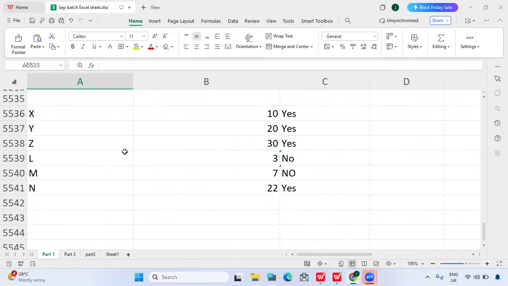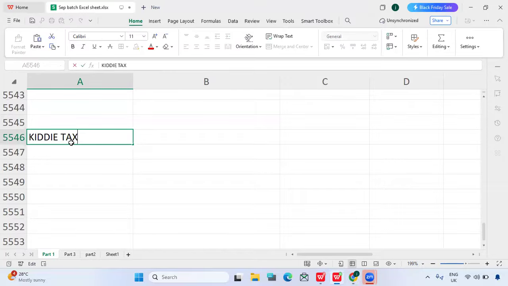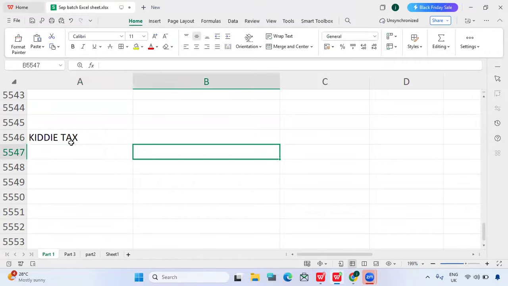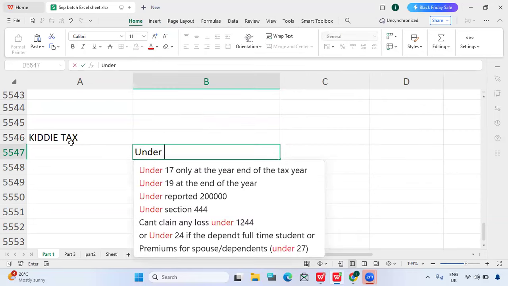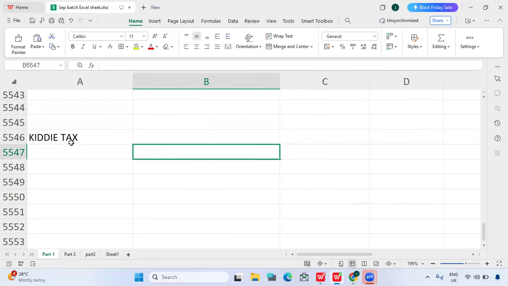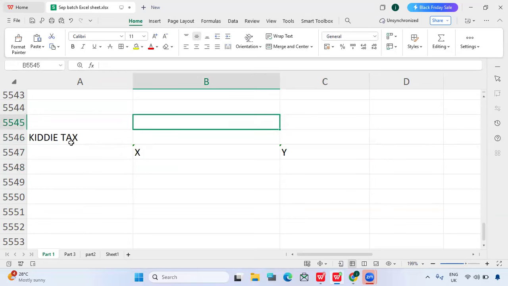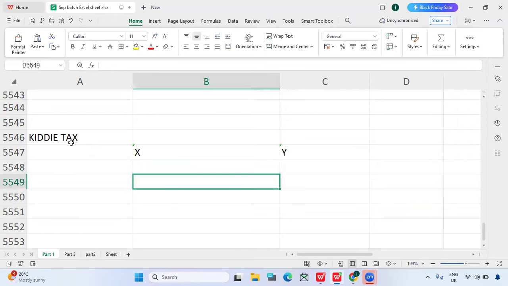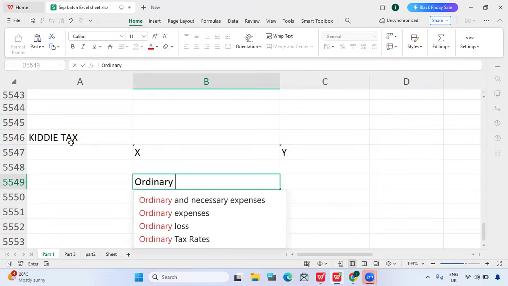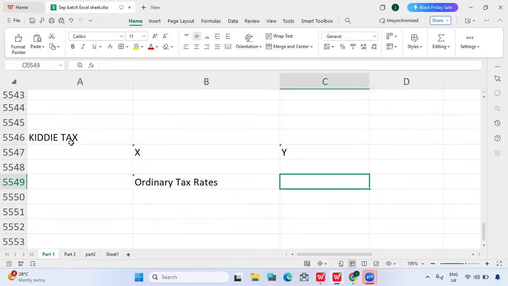Yes, right. Okay, and next one, kiddie tax. This is an area the IRS loves to test, kiddie tax. When will kiddie tax come into the picture? First, let's say we have Mr. X and Y. We know the income tax rates, right? We have two types of tax rates: one is ordinary tax rates, and the other is special tax rates.